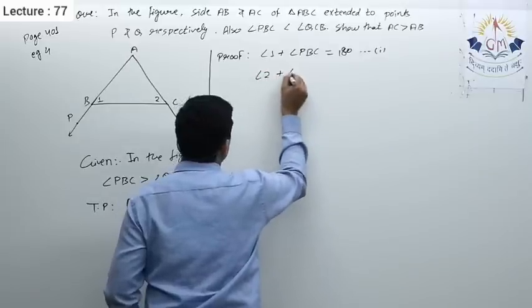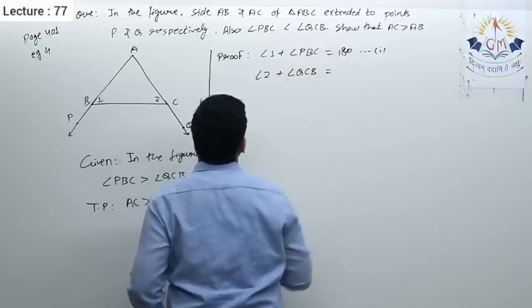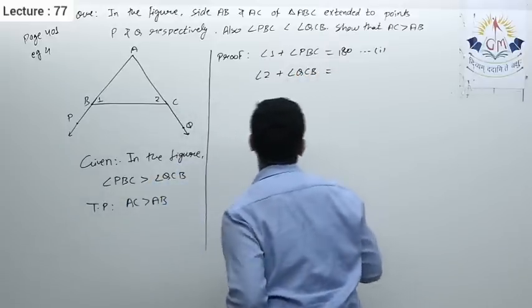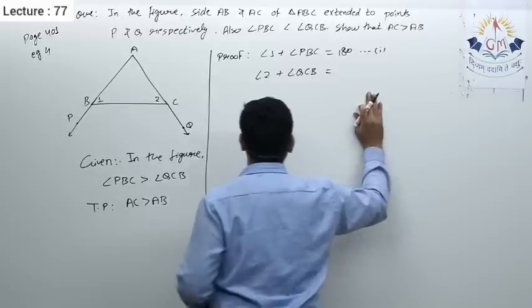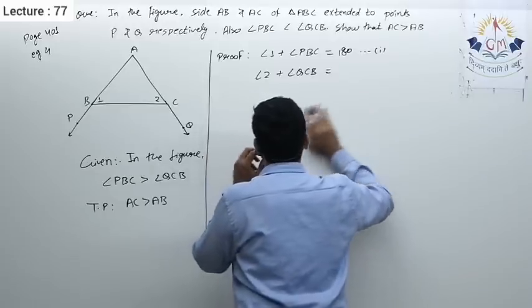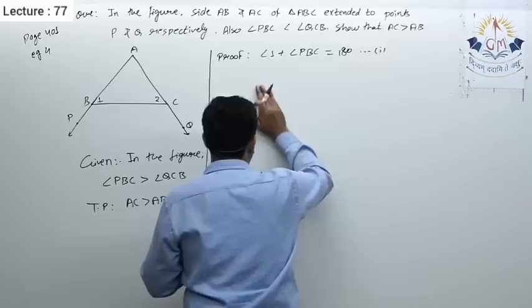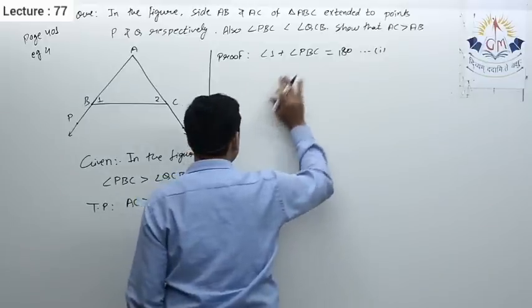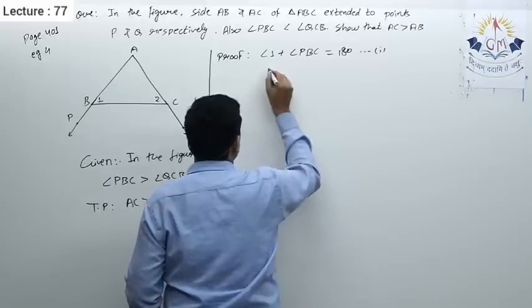Similarly, angle 2 plus angle QCB is equal to 180 degrees.